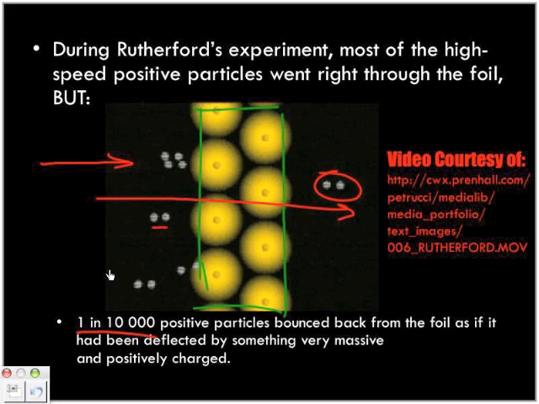So something in this gold foil deflected these positive particles, right? And so that's where he deciphered, well, there's got to be something else in these atoms that is causing that. There must be something that causes these positive particles to be deflected either backwards or in a different direction within the gold foil.